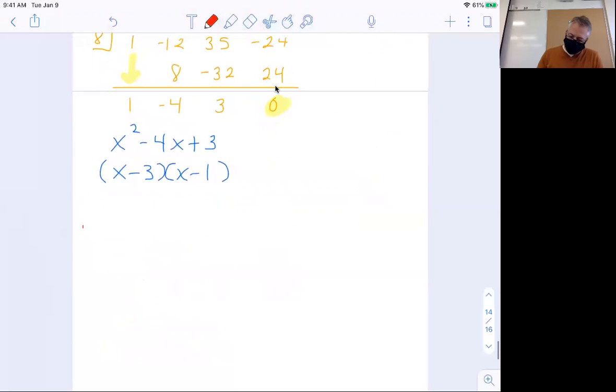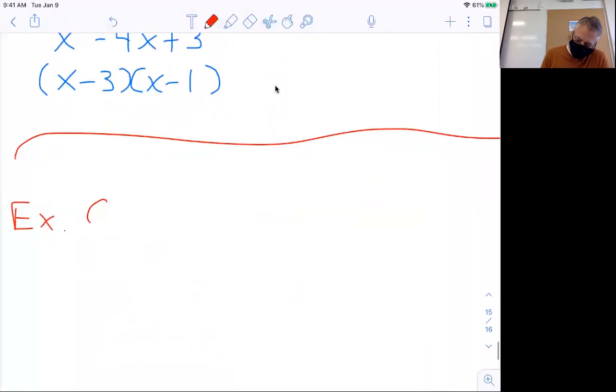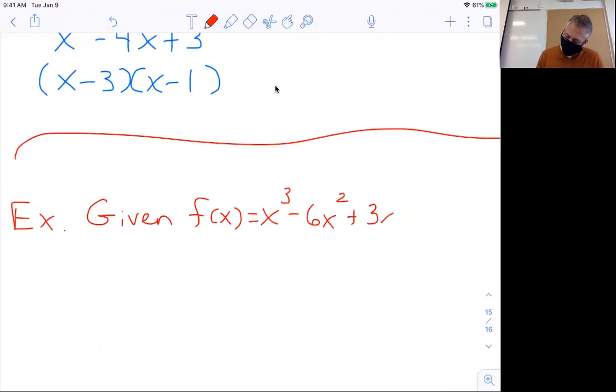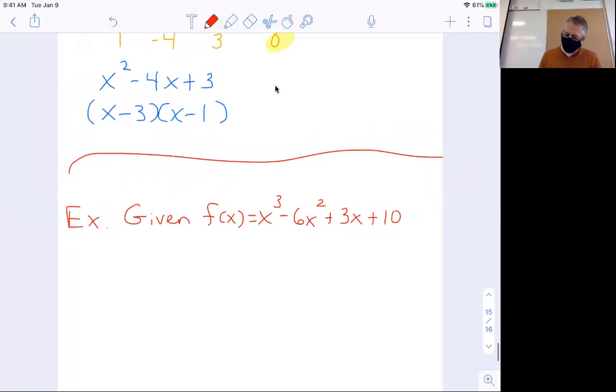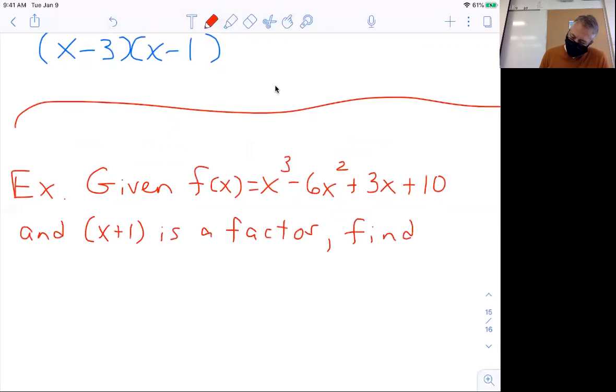So let's say in our last example, given that f of x is equal to x to the third minus 6x squared plus 3x plus 10 and x plus 1 is a factor, we're going to find the roots of f.